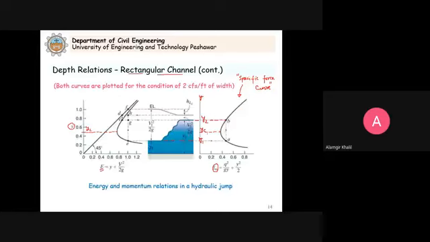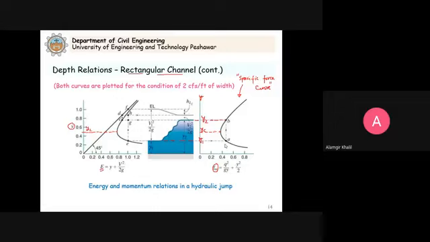Now we come to this figure. We discuss the basic concepts. You see here that this is Y1 and Y2, and for the same specific force we have these two depths, and these are known as the alternate depths. Clear?